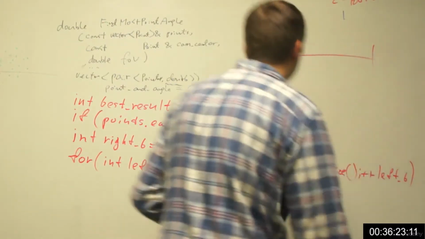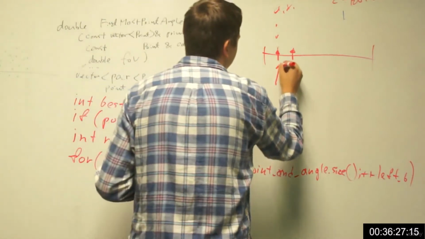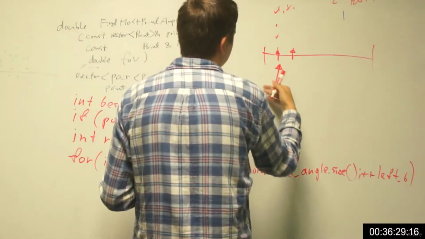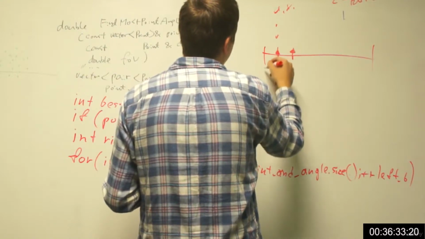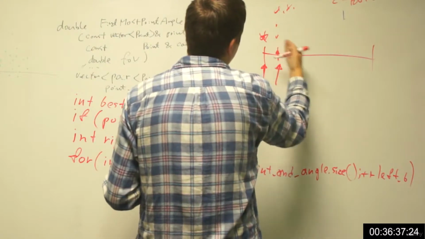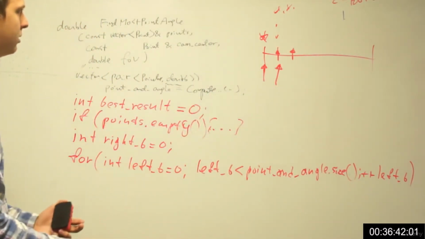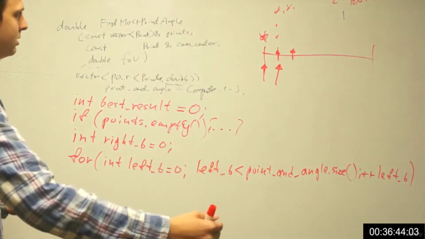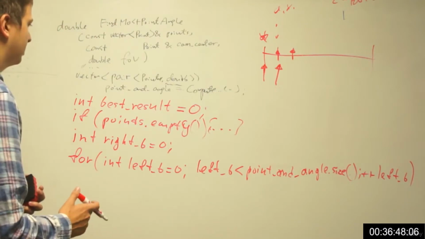What we did right now is fix the left bound, and we know that at the first moment they are in the same position, and we try to move the right bound as far right as possible.